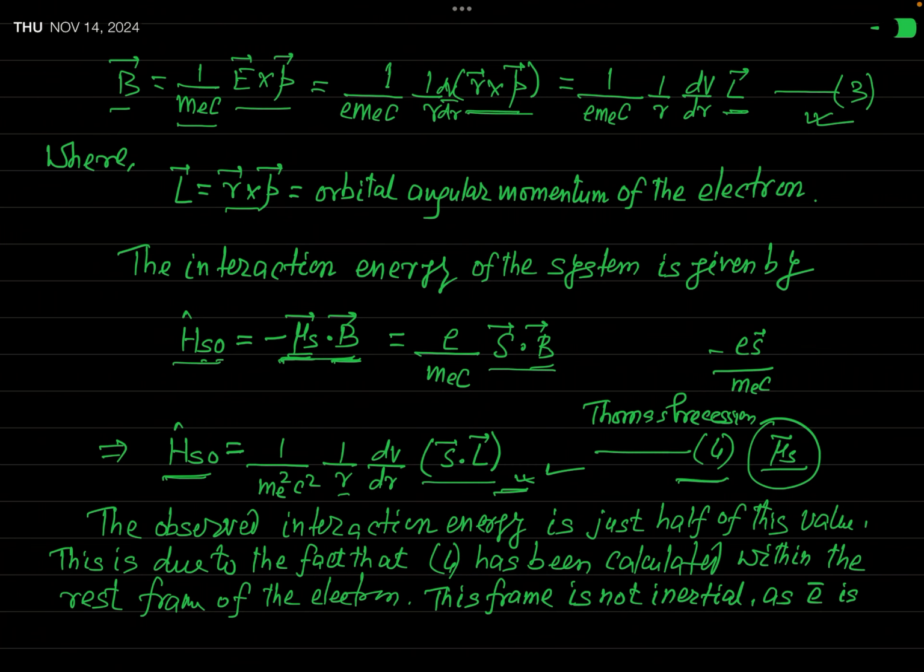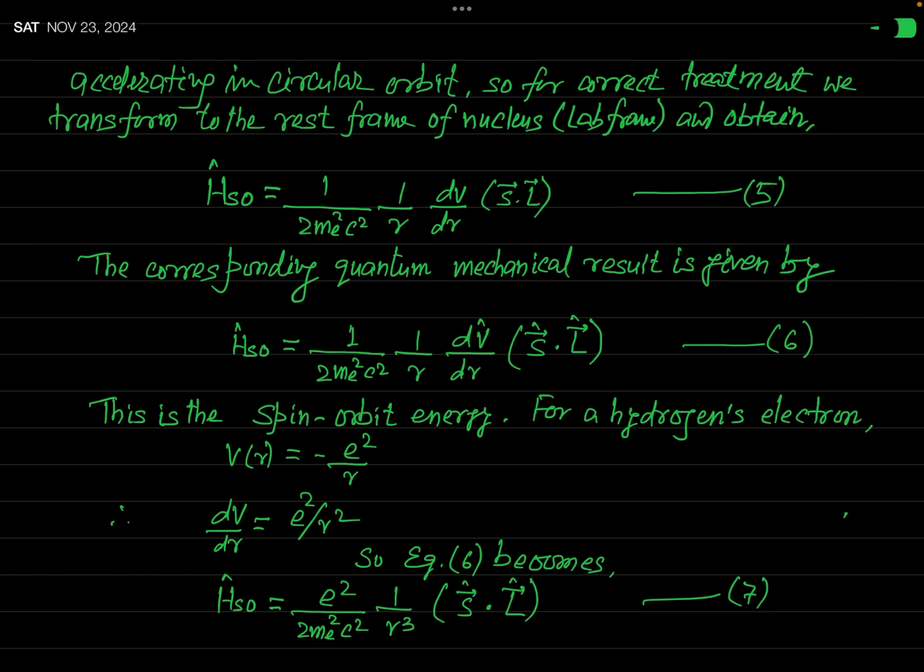Okay. So I have mentioned here that the observed interaction energy is just half of this value, and this is due to the fact that this equation 4 has been calculated within the rest frame of the electron, and this frame is not inertial as the electron is in an accelerating circular orbit. So for the correct treatment we transform to the rest frame of the nucleus and obtain that the actual value of H_SO is just half: 1 over 2 m_e squared c squared times 1 over r dV by dr times S dot L. Okay.